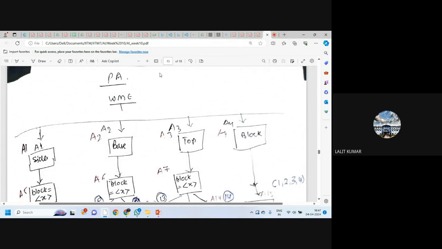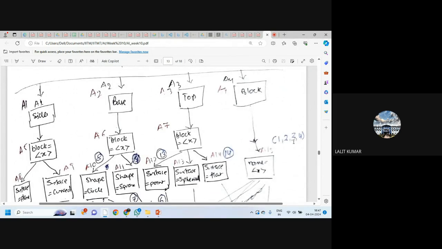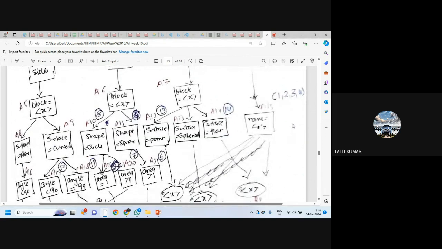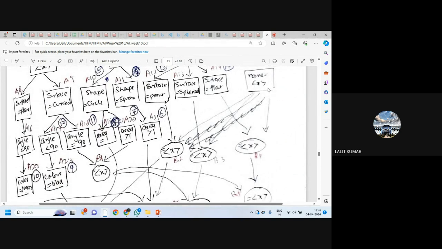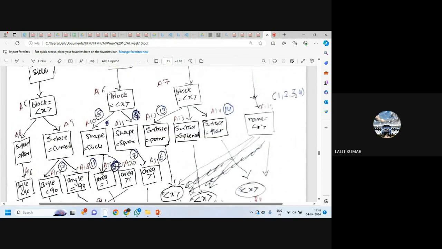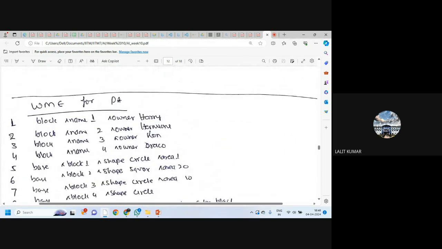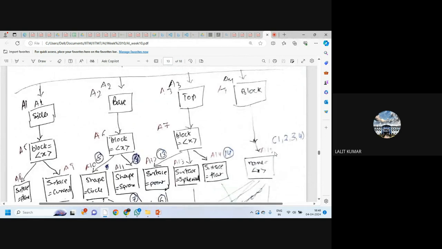Similarly, I insert WME2. It will come here and sit here. Similarly, 3 and 4. So WME 1, 2, 3, 4, they sit here. From here, basically we have got WME 1, 2, 3, 4, so it can have four names: name 1, 2, 3, 4. So they are sitting here.